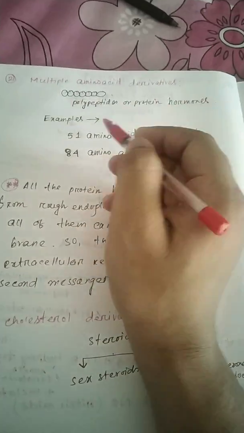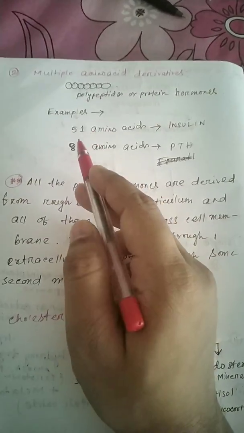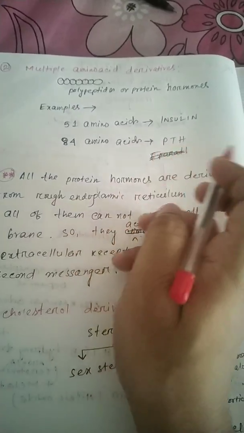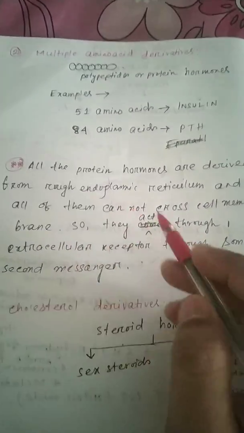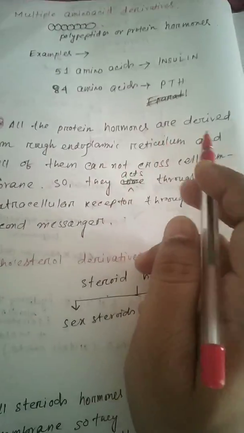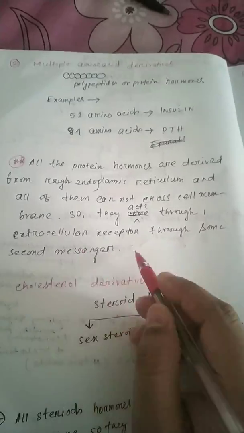Multiple amino acid derivatives like polypeptides or protein hormones, for example 51 amino acid insulin and 84 amino acid parathormone, are derived from the rough endoplasmic reticulum of the cells. They cannot cross the cell membrane, so they act through extracellular receptors via second messengers.